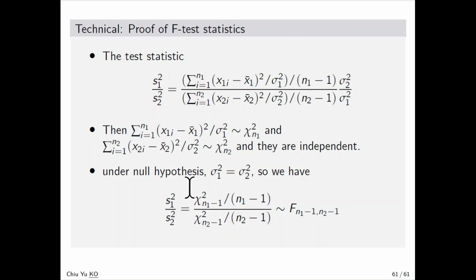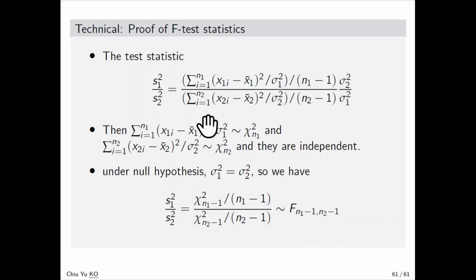So just a final page to prove why this is the F statistic. Remember the sum of the xi over sigma, over n minus 1, and sigma is s1. You cancel this out, s1, s2, so basically you have the sigma 1 square here.